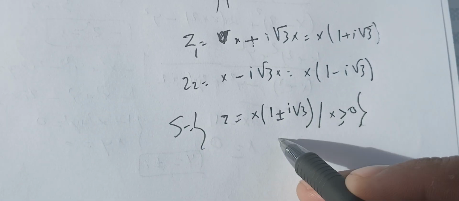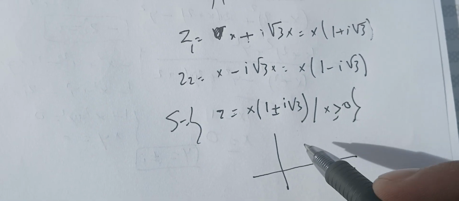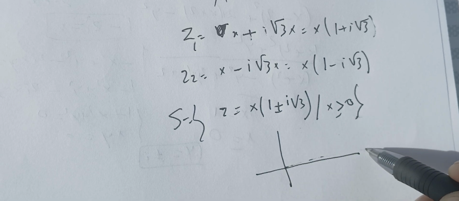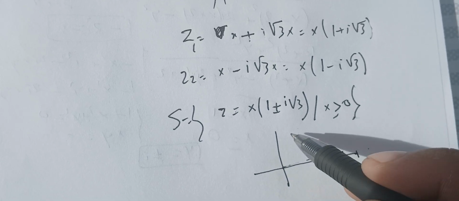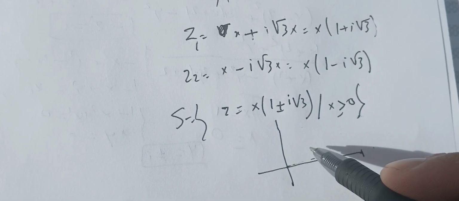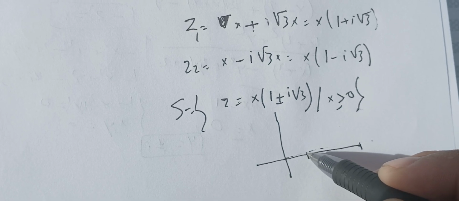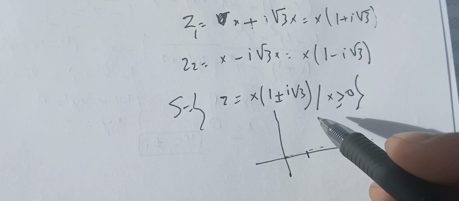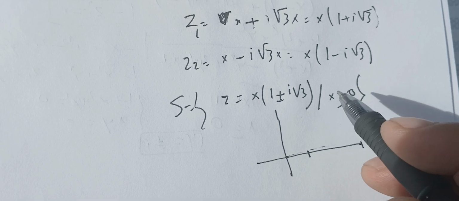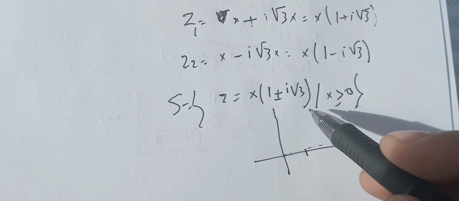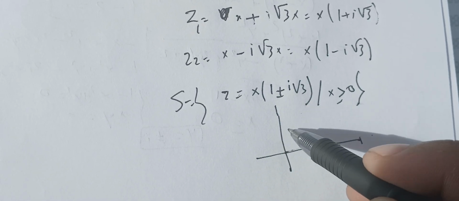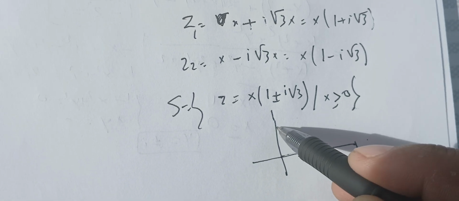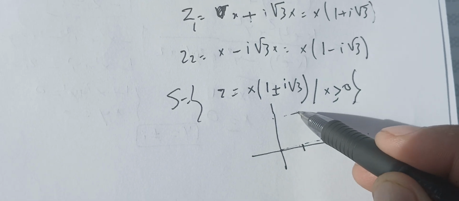So if we try to graph it, x is positive, therefore we are here. And we can think of this one as 1 plus or minus. If the plus is 1 plus i square root of 3, so this is this one here.